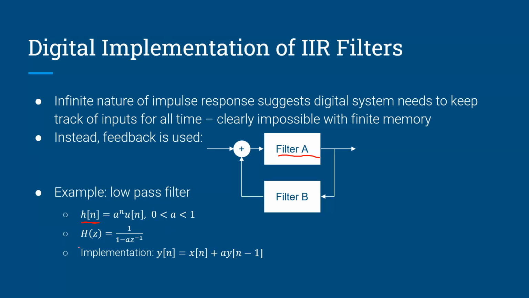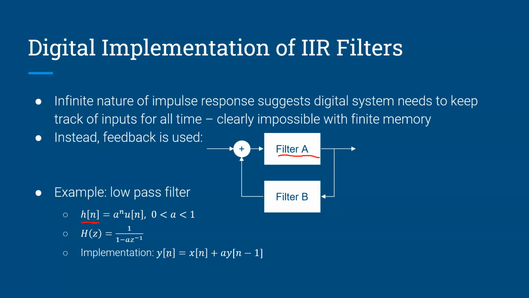If you haven't taken 113, you may not know what the z transform is. It's basically the discrete form of the Laplace transform, but don't need to really worry about that too much, just for your information. And so if you were to implement this in a digital system, you can turn it into a feedback system, feedback filter.